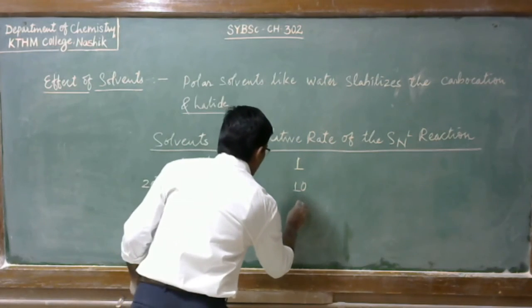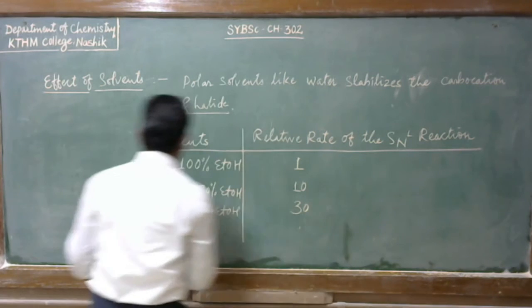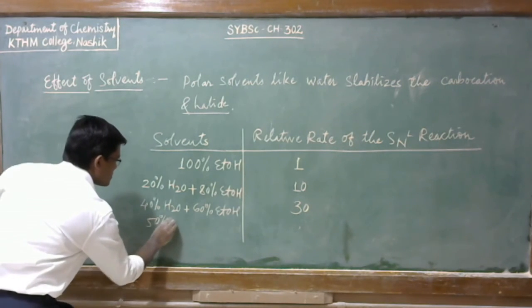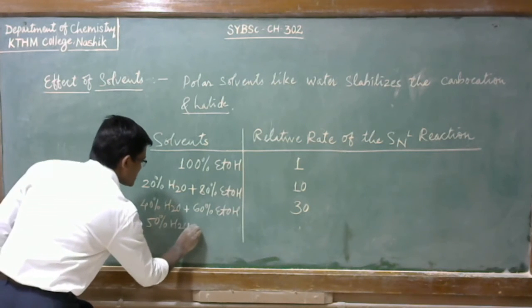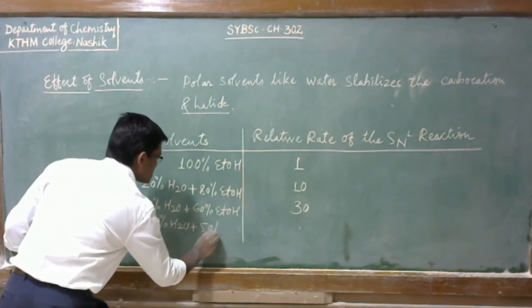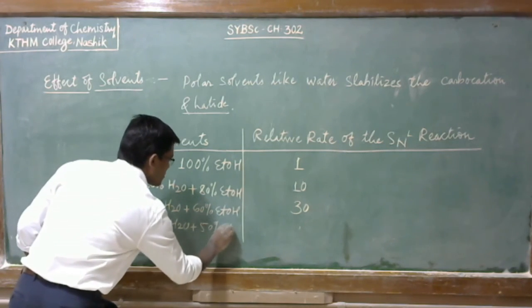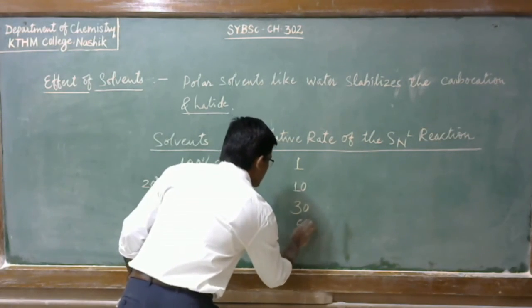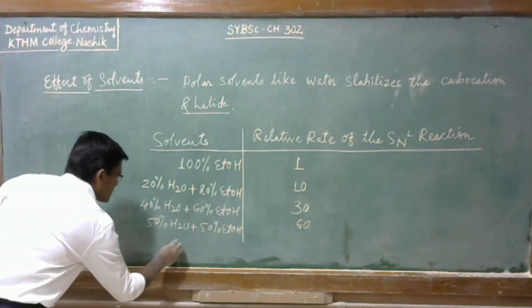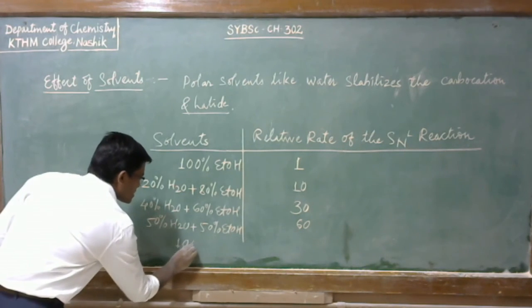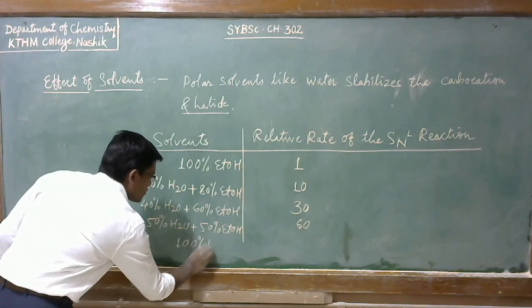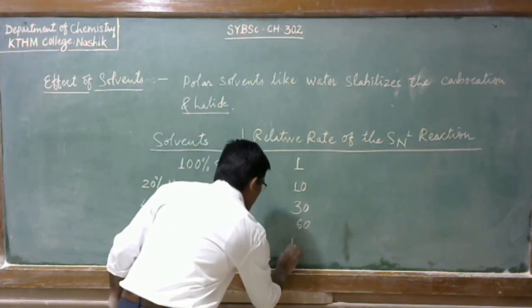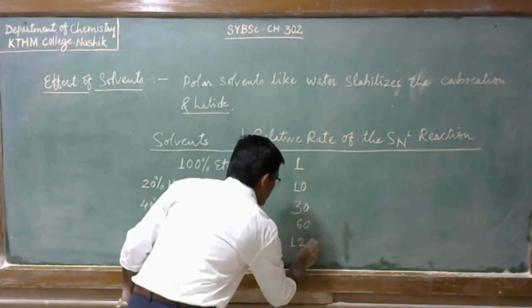It will be 60 if 50% water plus 50% ethanol. And if 100% water, then the rate will be 1200.